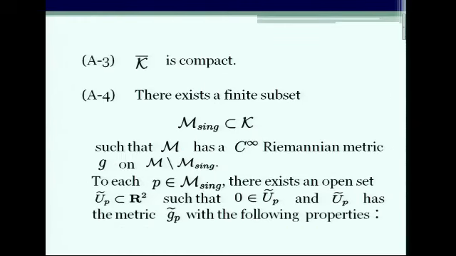And we assume that there is a finite set such that except for these finite sets, the manifold is smooth. And of course, the manifold itself is smooth. However, around this special point, you have the following structure.